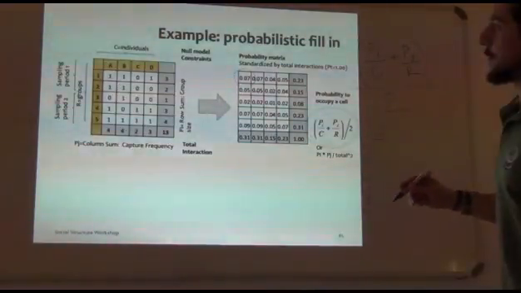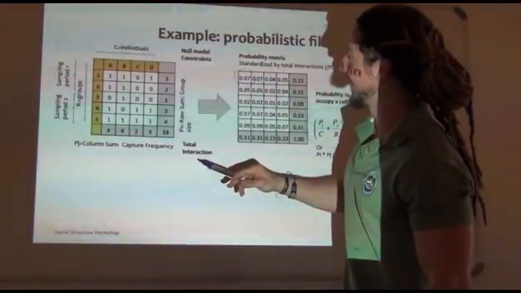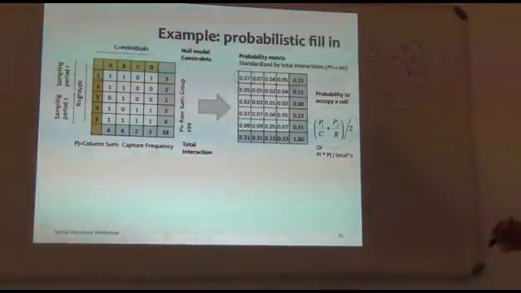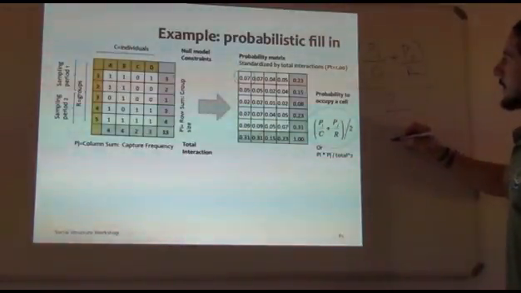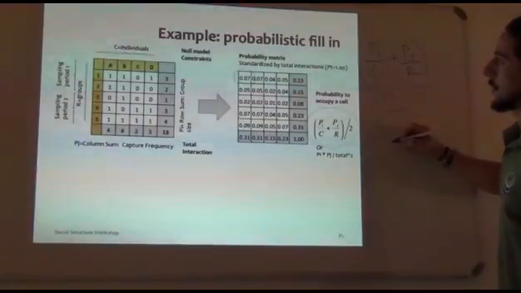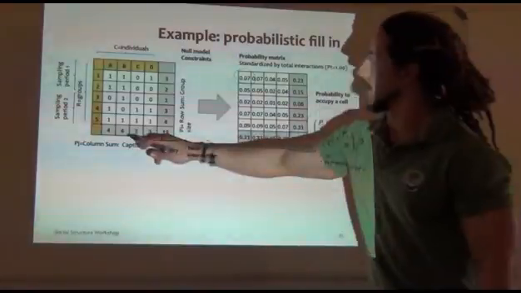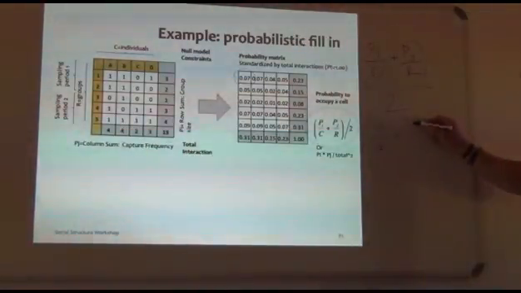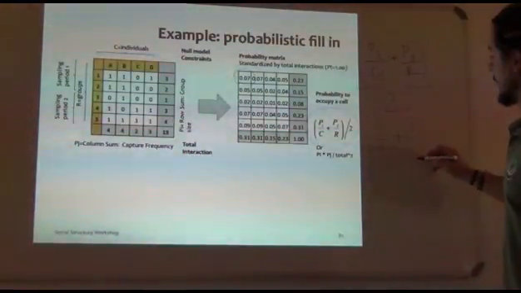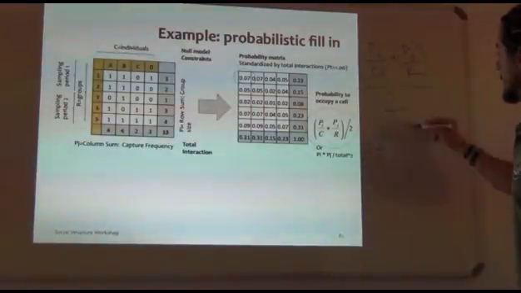C, if I remember well, where is C now? It's the number of individuals, I guess. 5. 4, sorry, 4. Plus PJ is 4 divided by 5. And this divided by 2.